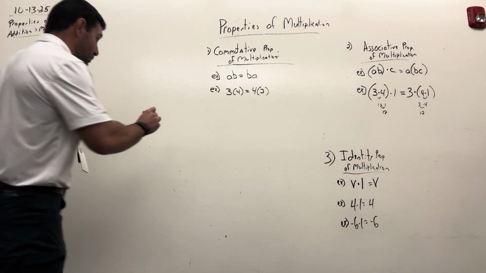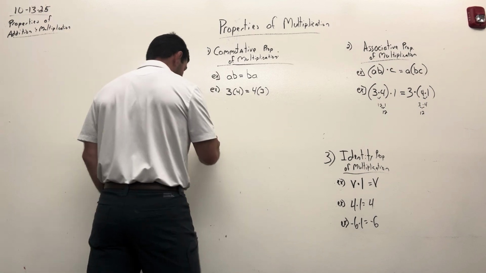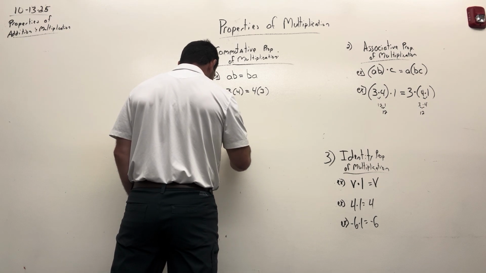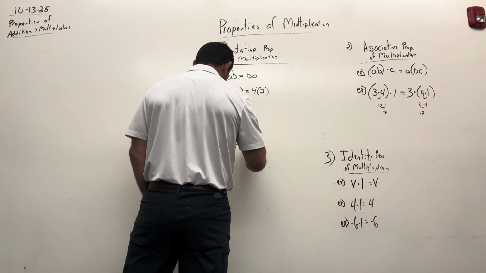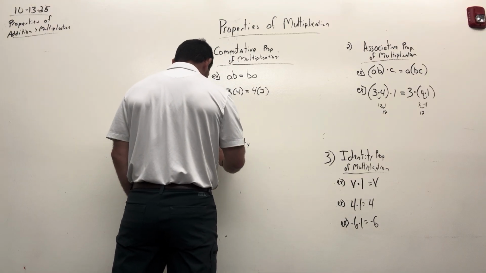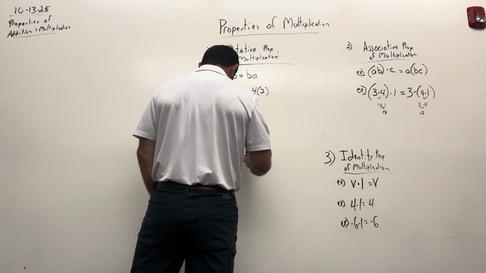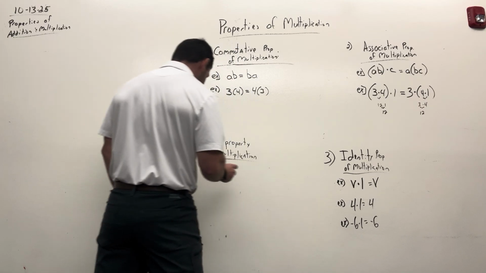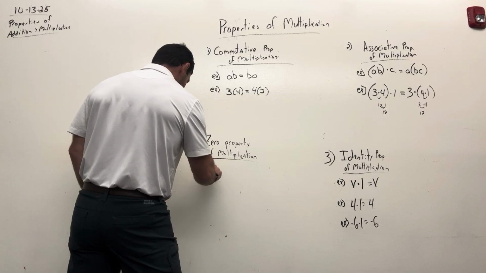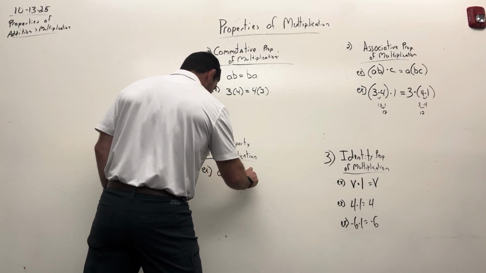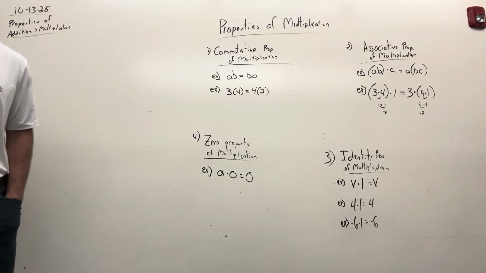Then we have one more. We have the zero property of multiplication. And this says anything multiplied by 0 is 0.